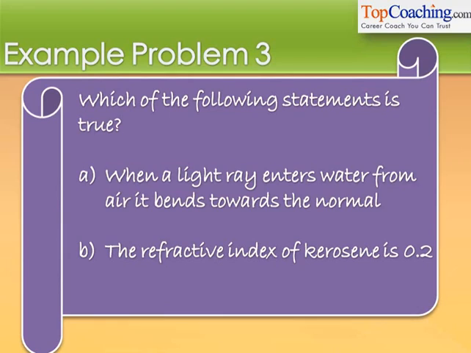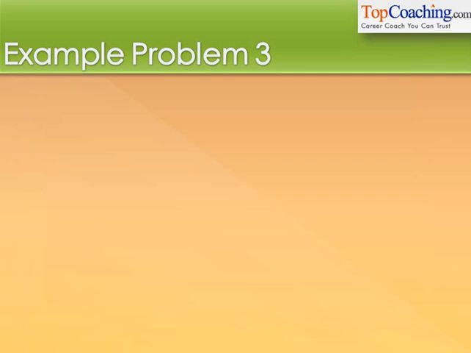The light ray from air to water bends towards the normal, as light bends towards the normal when it enters a denser medium, an optically denser medium, from an optically rarer medium. The second option says the refractive index of kerosene is 0.2. This option is wrong. That is because the refractive index of a medium is always greater than 1. This option has to be wrong.